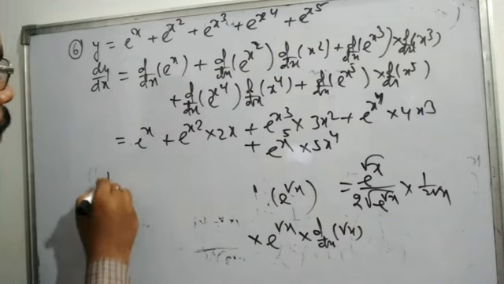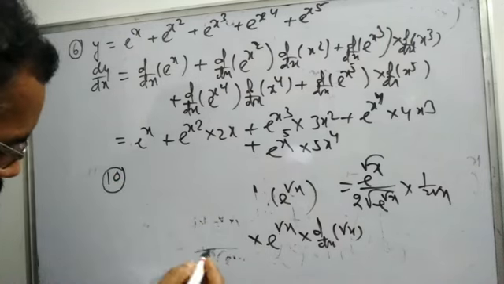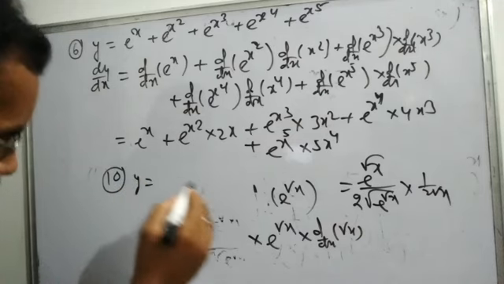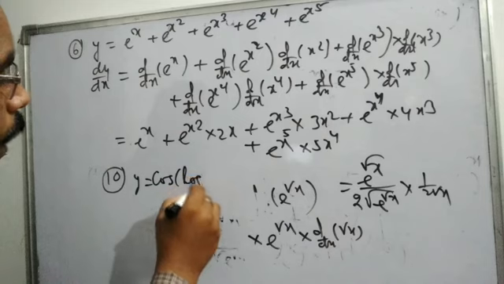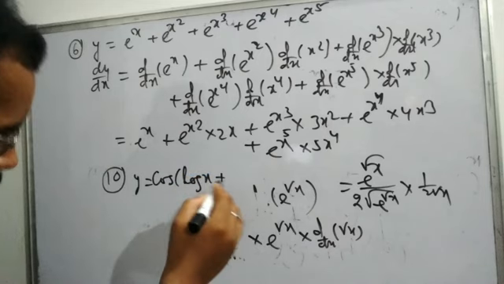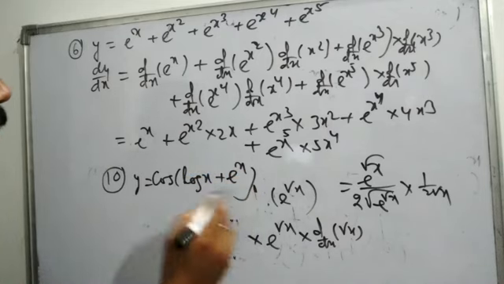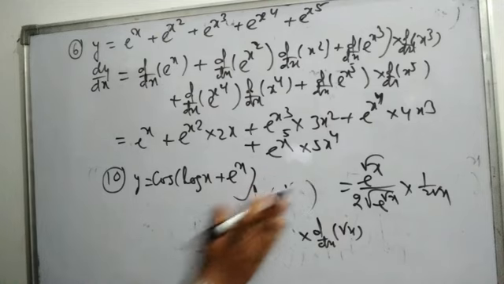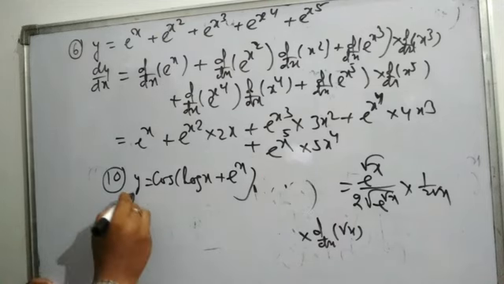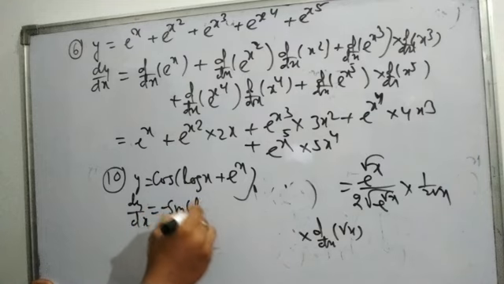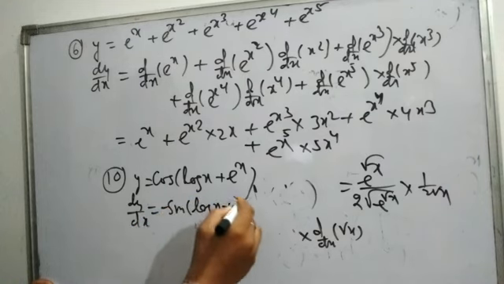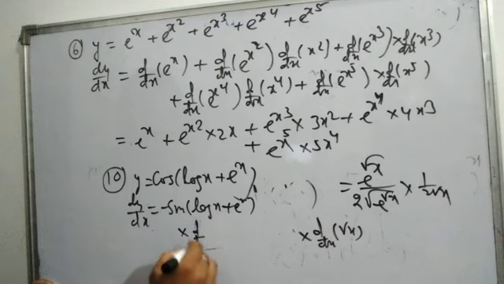Question number 10 will be y is equal to cos log x plus e to the power x. Very easy question. That is, cos x, dy by dx, the derivative of cos x is minus sin x, so minus sin log x, and e to the power x into the derivative of log x.